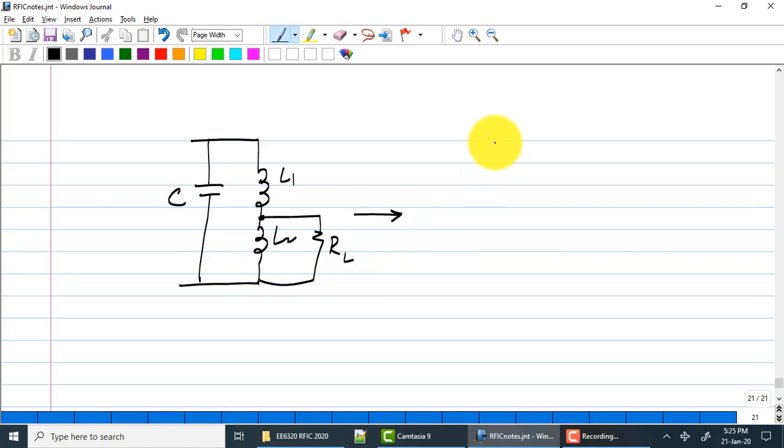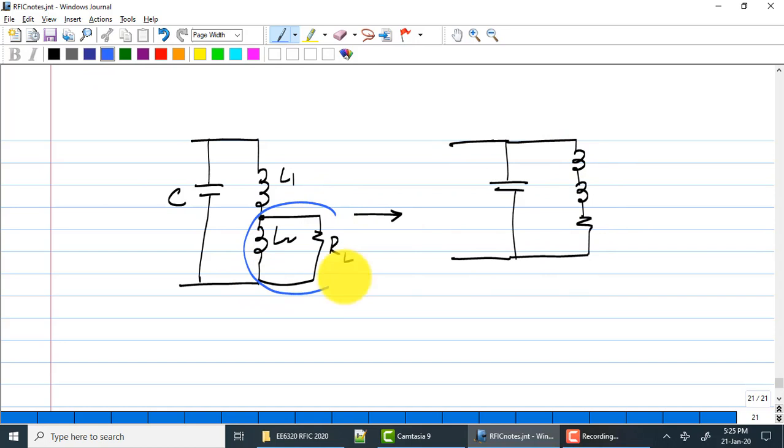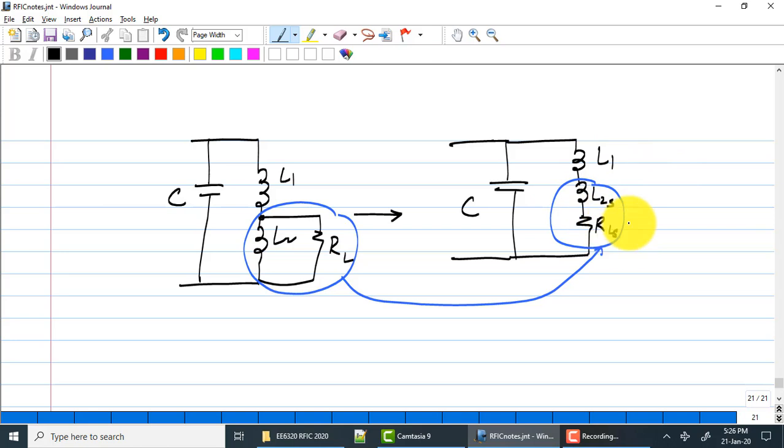We will do a series to parallel conversion of this. C and L1 will remain the same. I'll call this L2S and RLS, something like this. I need to start giving variable names. What do you do next?